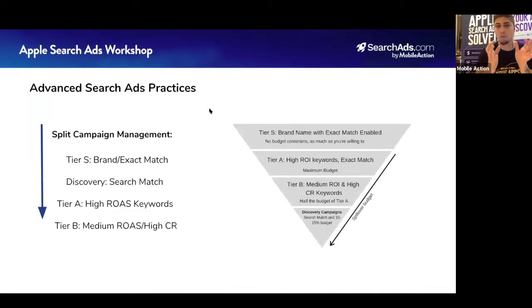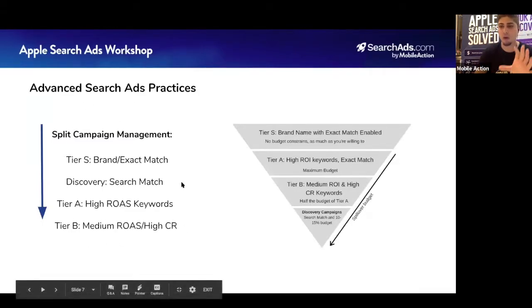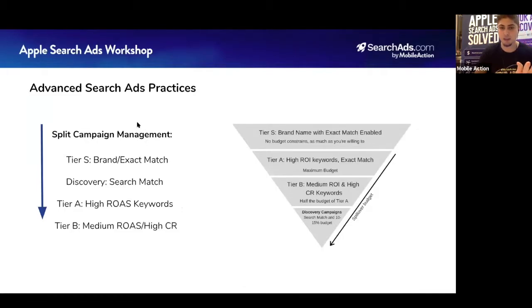So let's start with some suggestions we have in terms of search ads practices that we talk about with our users and try ourselves, that will help you tackle the difficulty of managing large-scale campaigns. This is a very generic and small example, but we call this split campaign management.